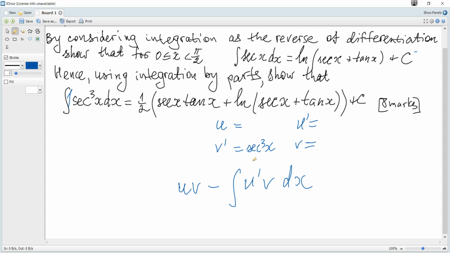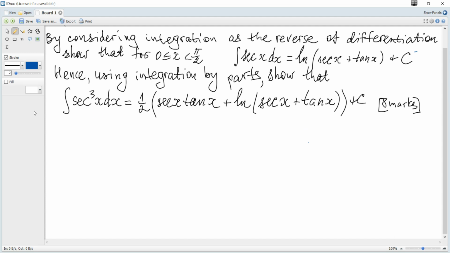So it's not helpful, but we can consider secant cubed as secant multiplied by secant squared. So the integral of secant cubed x dx is equal to the integral of secant x times secant squared x dx.